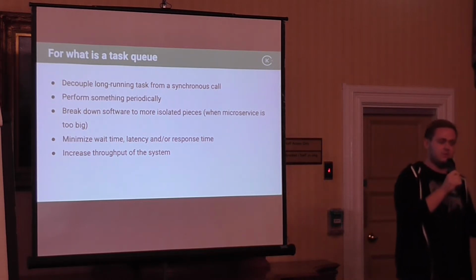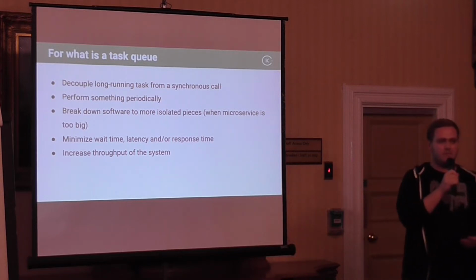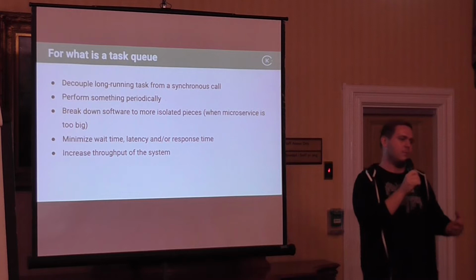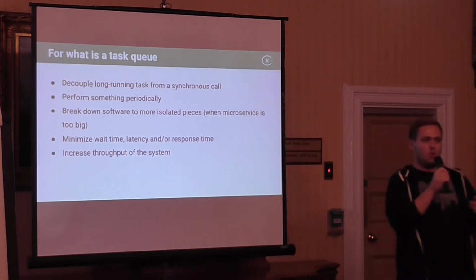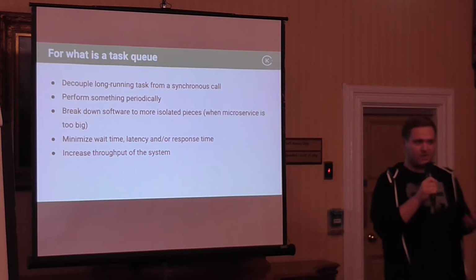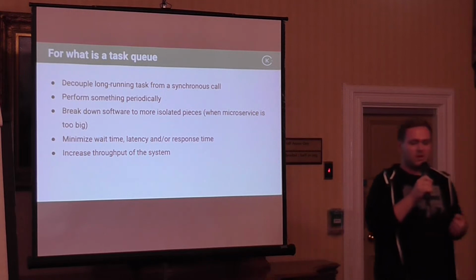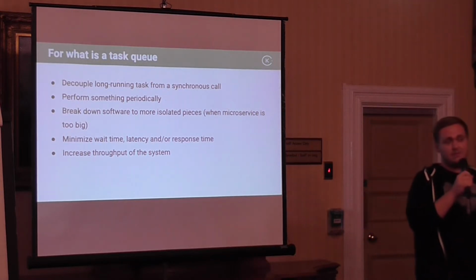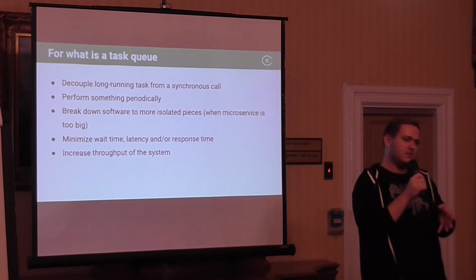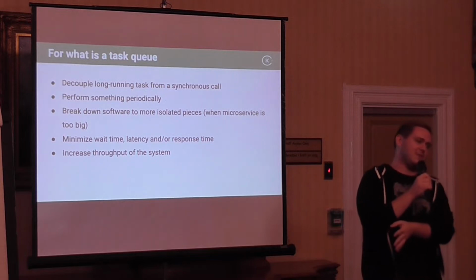We don't have to use the low-level crontab on our Linux systems, but we can have something more sophisticated, more manageable, more monitorable. And we can actually know what is happening with it. This is very hard with a crontab, actually. Break down software to more isolated pieces. Usually we do microservice architectures in Kiwi, but sometimes a microservice is way too big and Lambda is too small for us.